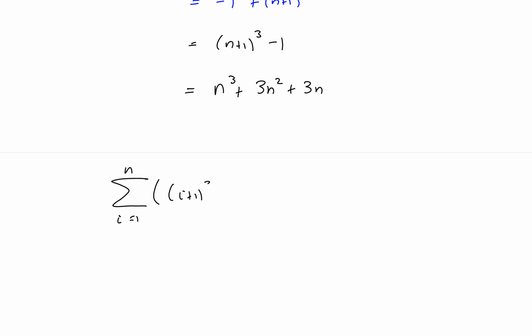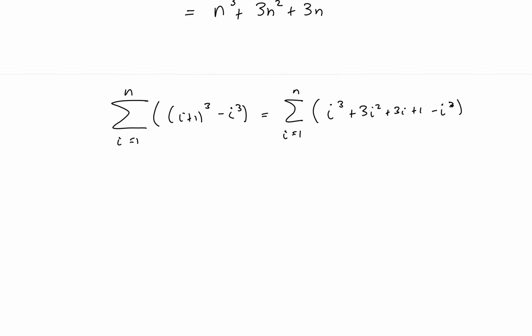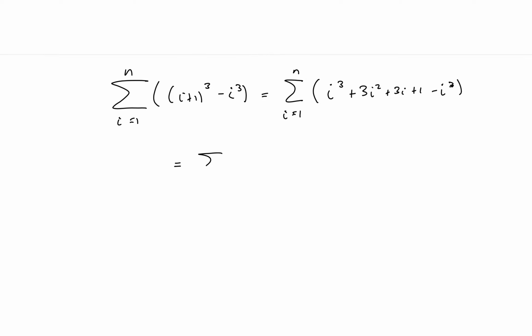If I have i plus 1 cubed minus i cubed, this is i equals 1 to n, and I'm going to have i cubed plus 3i squared plus 3i plus 1 minus i cubed. So note we get cancellation inside this, and I get 3i squared plus 3i plus 1.